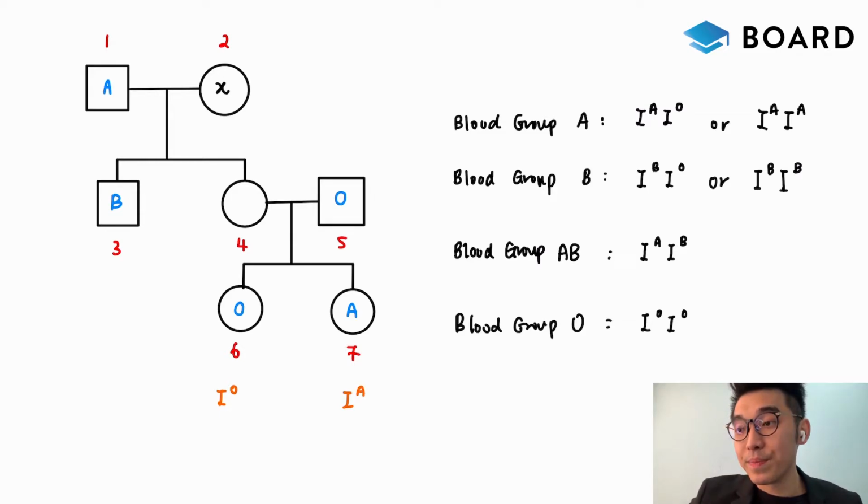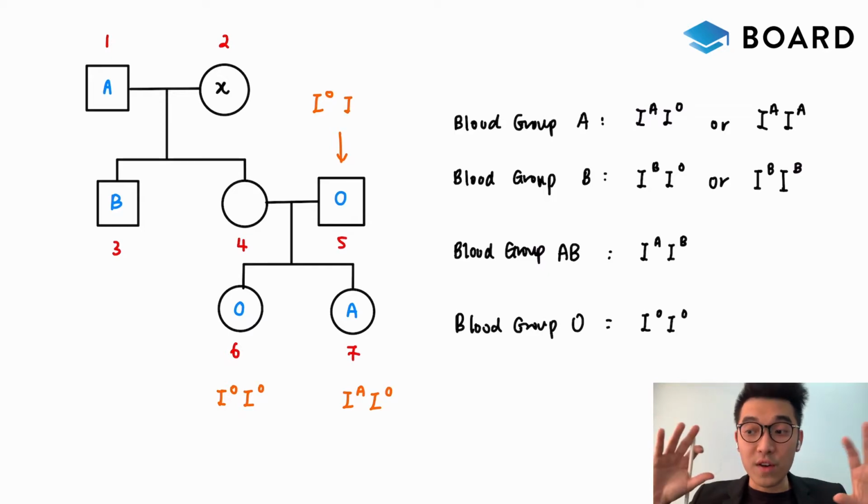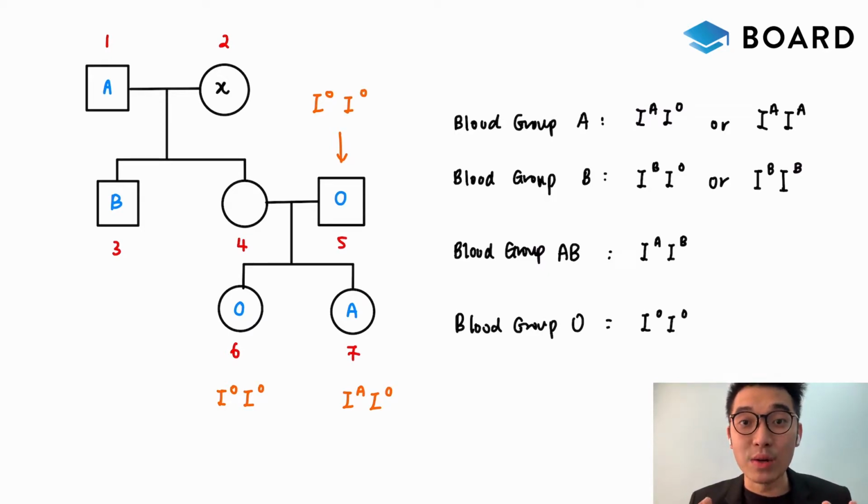Because you look at the parent. This parent 5, so this is O. If you break it down, the gamete has to be IOIO. So the 2 offspring will both have to carry IO. From what I see, this A is not entirely homozygous A, it's a heterozygous A. So it's IA and IO. That's how we work it out.